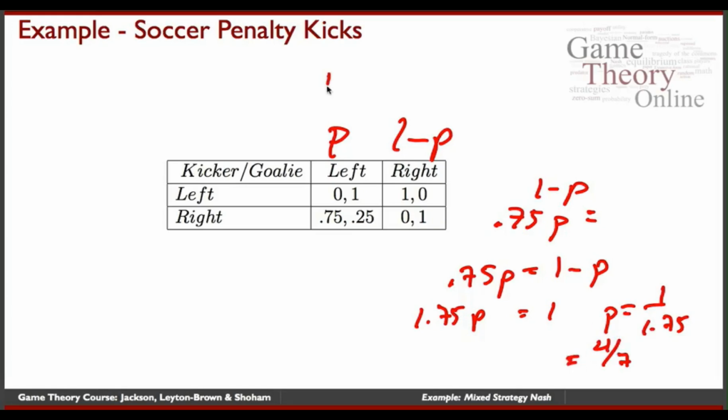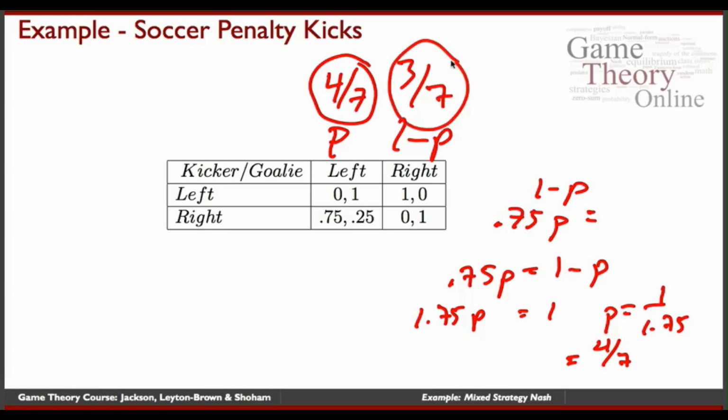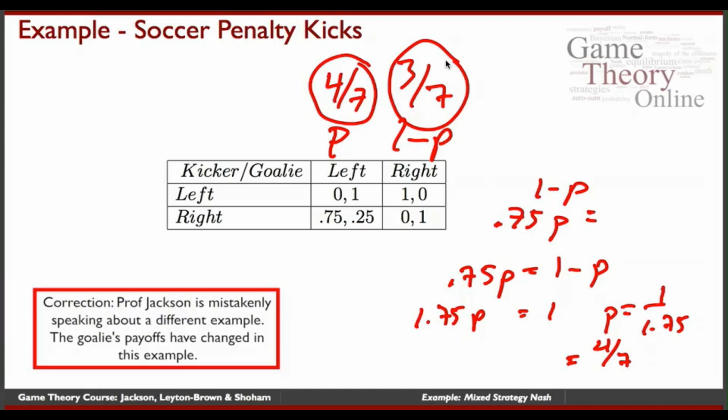Okay, so that tells us that the goalie should be going left with probability 4/7 and right with probability 3/7. Okay, so we know what the goalie is supposed to be doing. Now, the goalie's payoffs haven't changed, but the fact that we changed the kicker's payoffs meant that the goalie actually had to adjust, right?